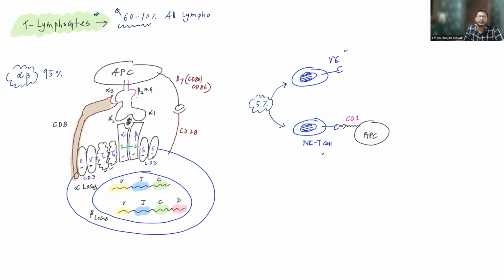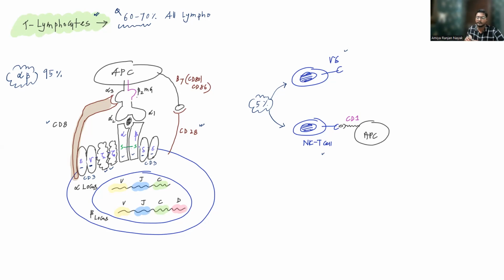Okay, and also they will have various co-receptors like CD8. Some of the T cells can also have CD4, and they will also have CD28. Remember, all the T lymphocytes will have CD28, but they will have either CD8 or CD4. None of the T lymphocytes in the peripheral circulation is going to have both CD4 and CD8.